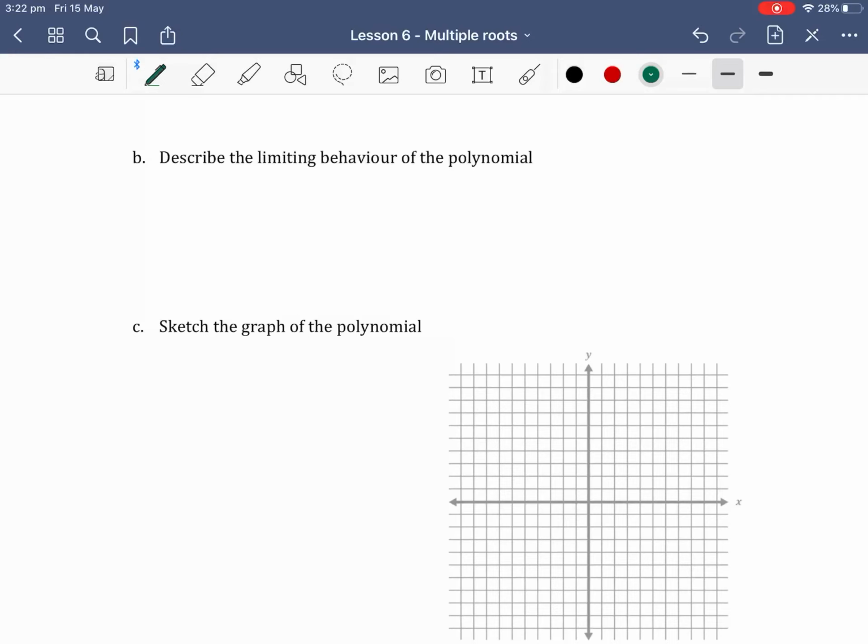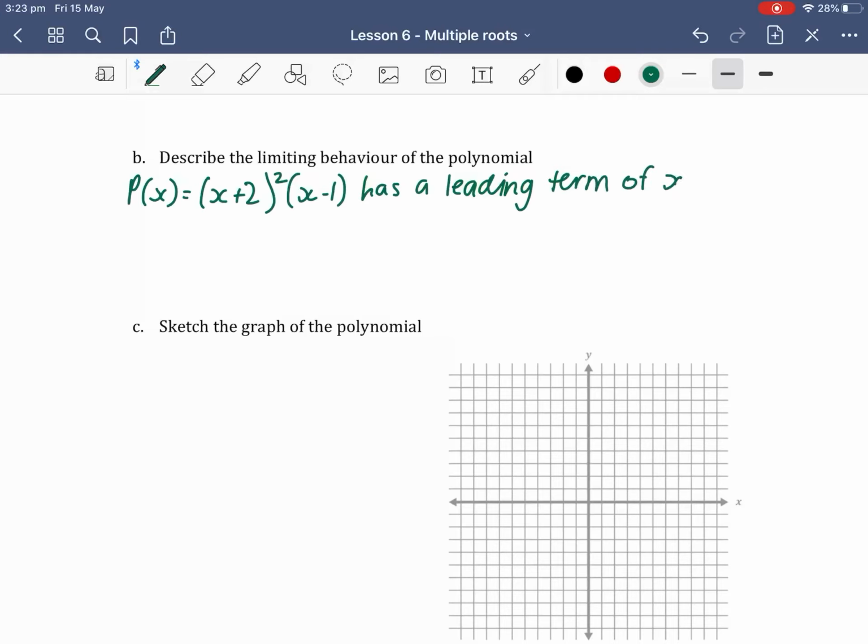Looking at part B, we want to describe the limiting behaviour of the polynomial. Our polynomial P(x) equals (x + 2) all squared times (x - 1) has, if we were to expand it, a leading term of x cubed.